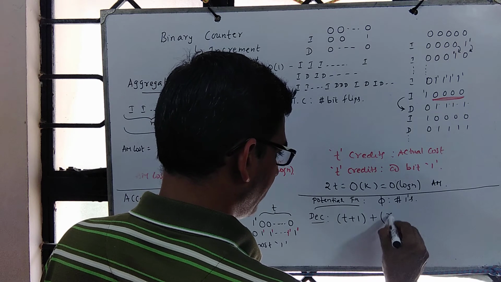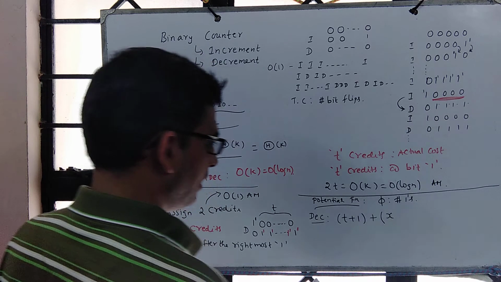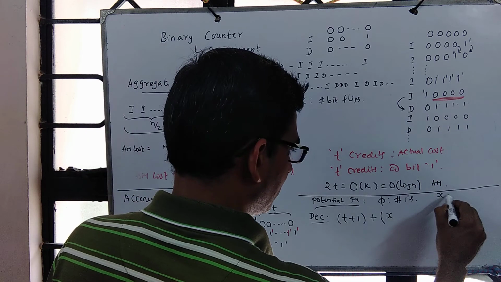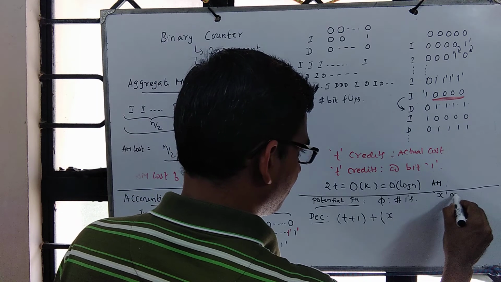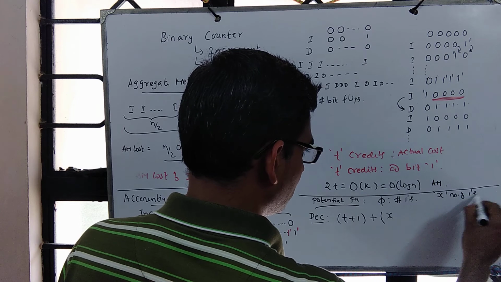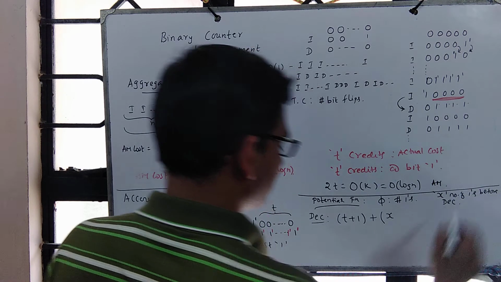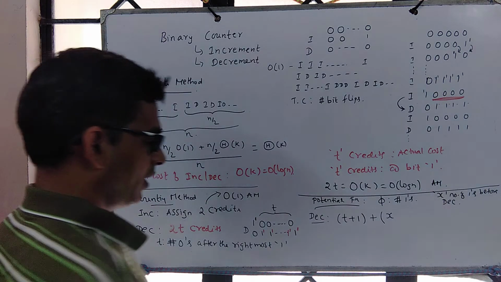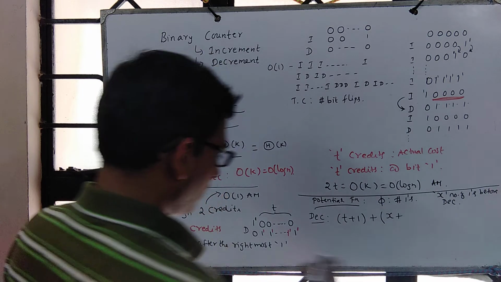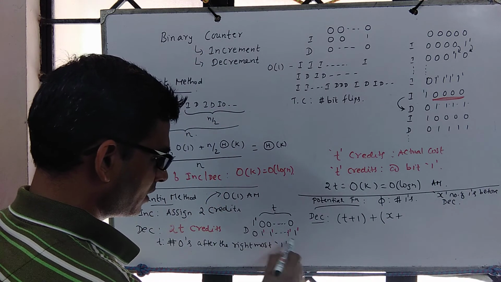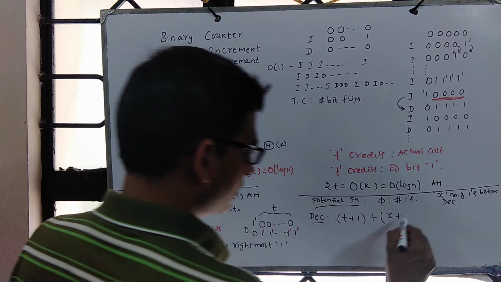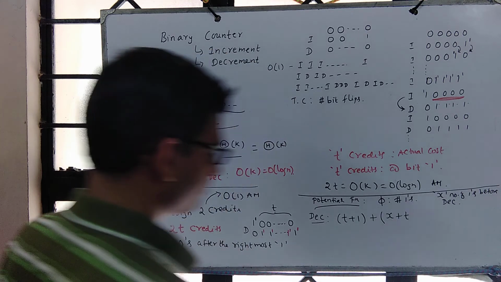Initially, let's assume there are x number of ones before the decrement operation. Then all these zeros are flipped to 1, so it becomes x plus t.